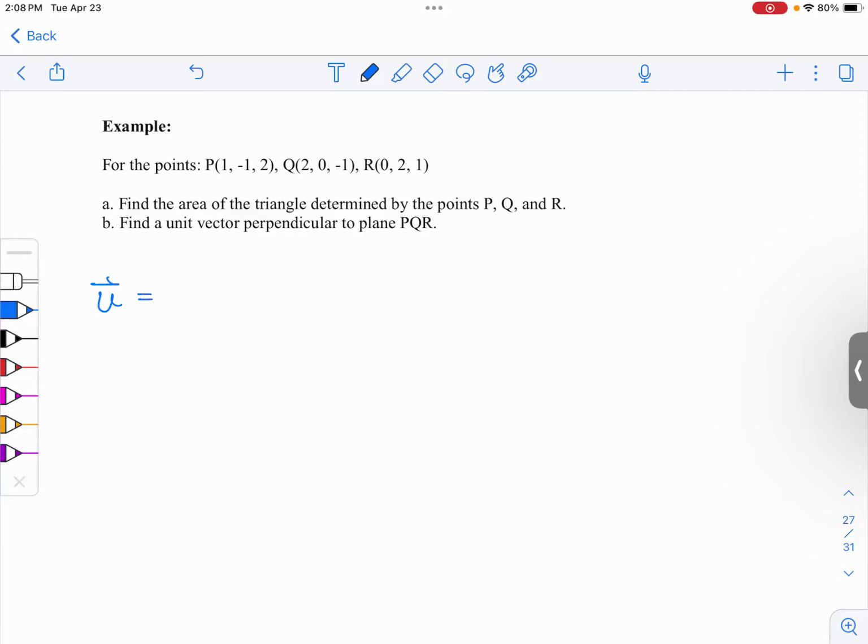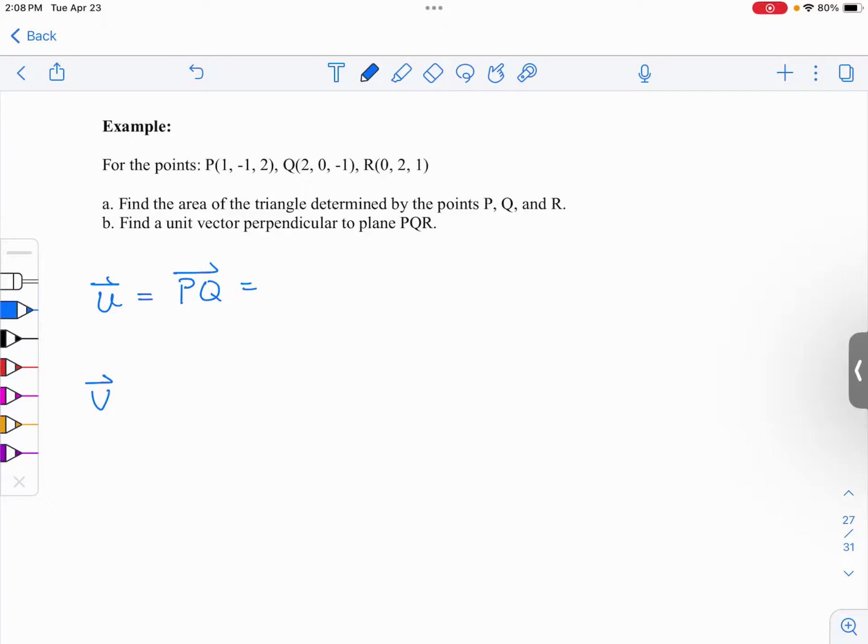And I'm going to call the vector U. U, V, W, right? Those are the good ones. The good news for us is you have to pick a start point, and as long as you pick the same consistent start point, that's all that matters. I don't want to pick PQ and then go R to P. So I'm going to go P to Q for one of my vectors. I'm going to calculate that in just a minute.